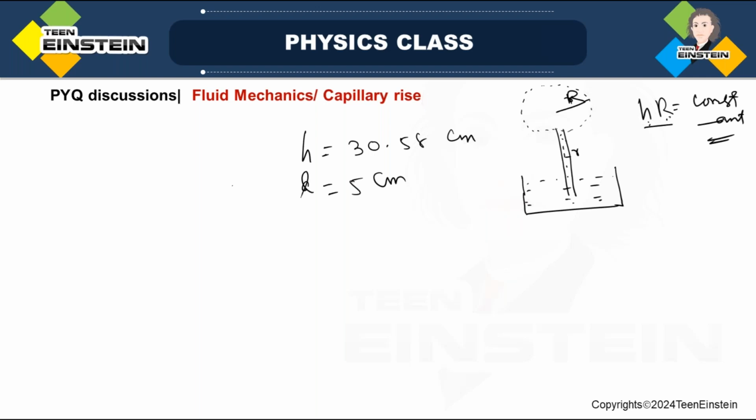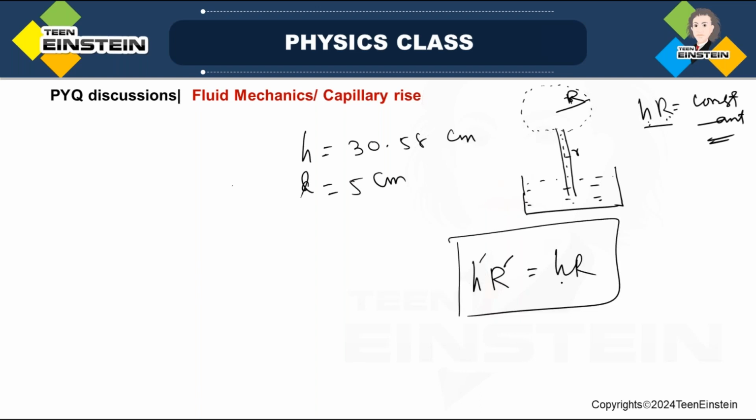And the third point was whether the water will overflow. The answer is no. We have seen that in case of insufficient tube length, the liquid will not overflow, rather it will go up to the upper end, and the liquid meniscus will adjust the radius of curvature in such a way that the multiplication of H R stays the same, so it will be H prime, R prime, H prime R prime is equal to HR.